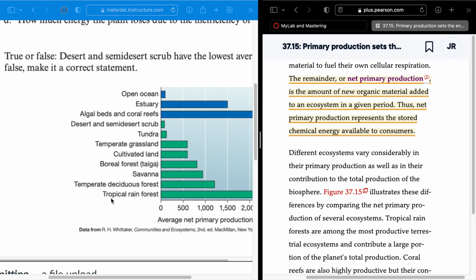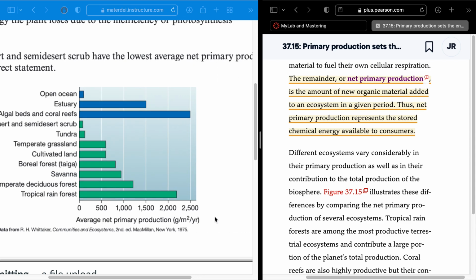Can you read this diagram right here? You can look at the long bars and the short bars. So the only way you can understand a chart is to look at the X and the Y axes. Net primary productivity. So the longer the bar, the higher the number, the more they're giving to the next generation, the next trophic level. Tropical rainforest. Yeah, a lot of plants.